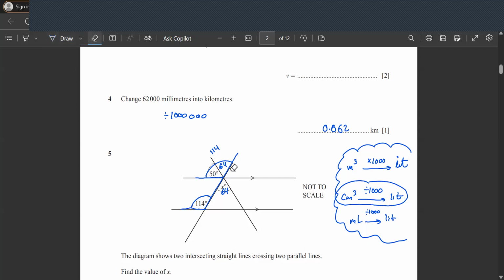Otherwise, you can use the alternative angles, the letter Z. This is shorter also. This is 114, so all of this also 114. If this is 50, this is 50 vertical opposite. So 114 minus 50 equals also 64. Whenever you find parallelism, just search for Z, F, and U. Okay?